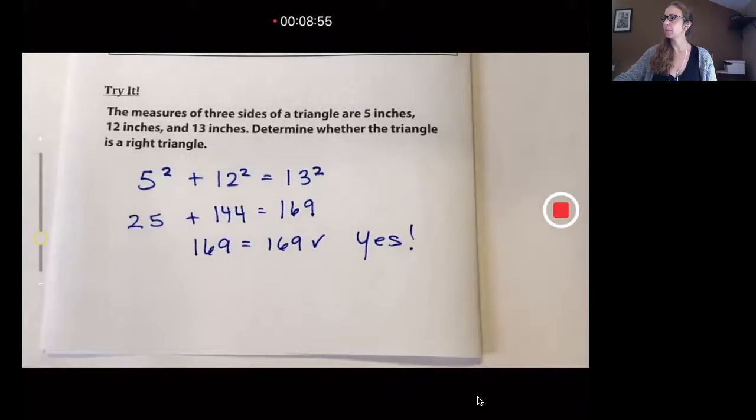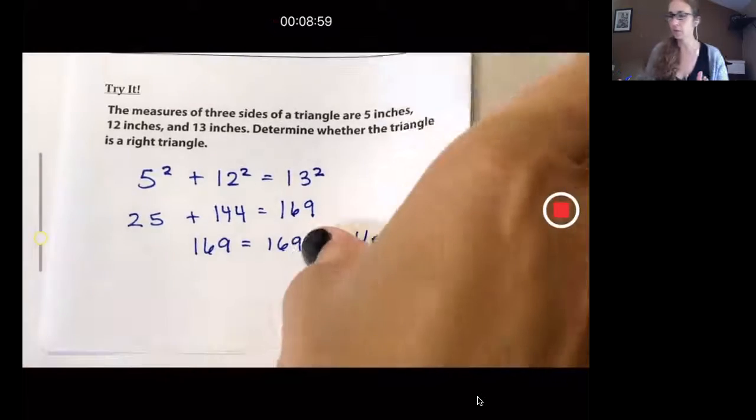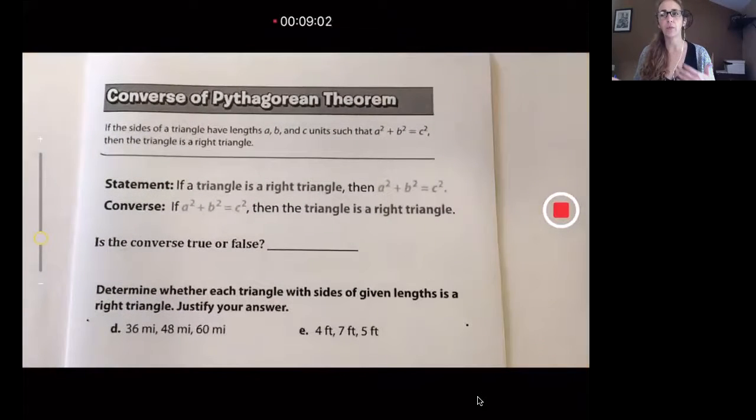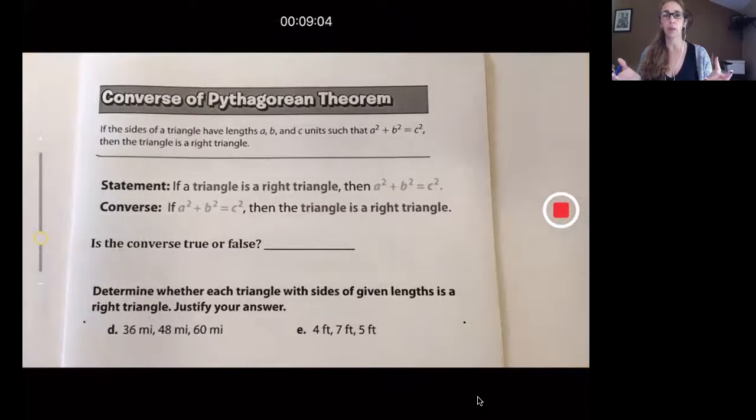On the next side, converse. So when we're talking about the converse of the Pythagorean theorem or any proof, we're taking the if-then part of the statement and we're going to reverse it. So here we have, if a triangle is a right triangle, then a squared plus b squared equals c squared.